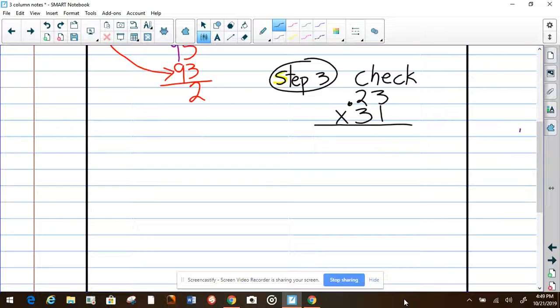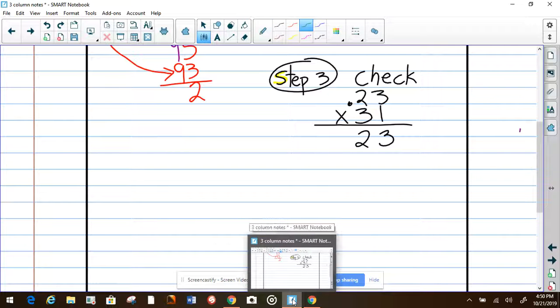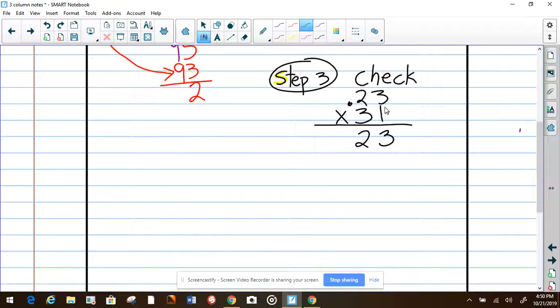Well, we know that 1 times 3 equals 3, and 1 times 2 equals 2. Because we already multiplied the 1, we can write a 0 over it, because we know that the 3 tens equals 30. Because we're going to multiply that number by 30, we're going to write the 0 right here, and multiply 3 times 3 equals 9, and 3 times 2 equals 6.